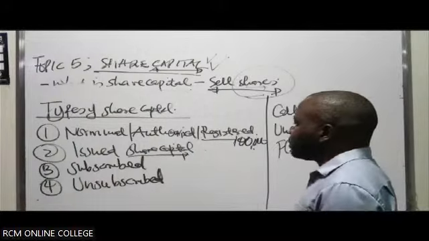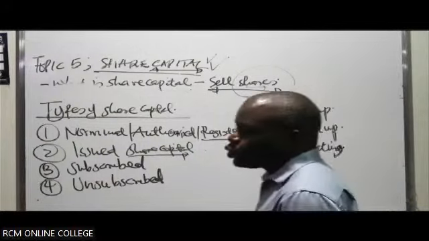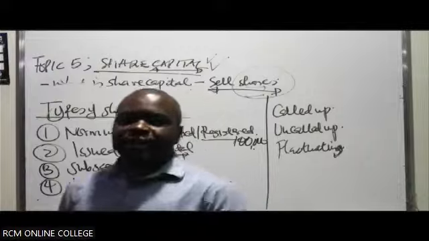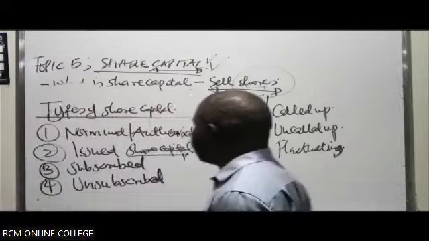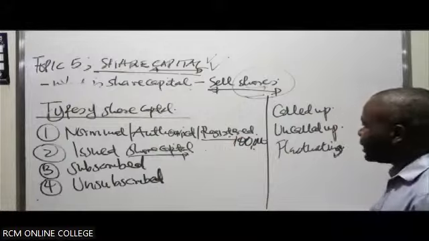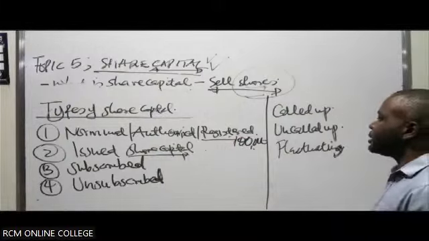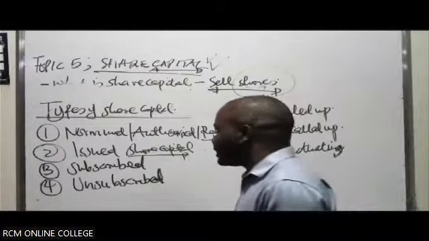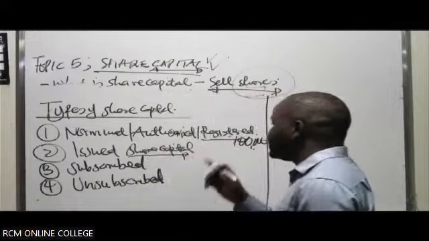What you have to take note of here is that the issue will never be more than 100,000, because you can never issue what you don't have. You must issue either what you have or less. So the issued share capital should be equal to or less than the authorized or registered capital.